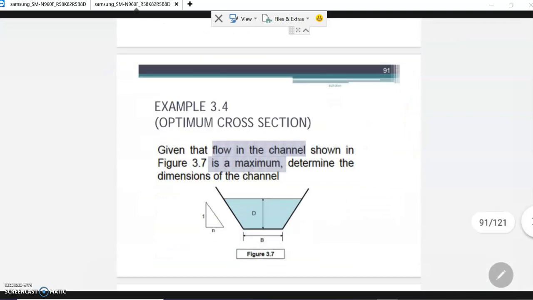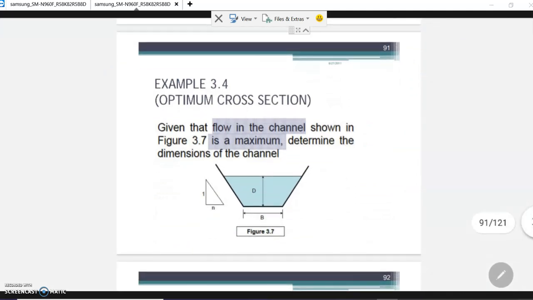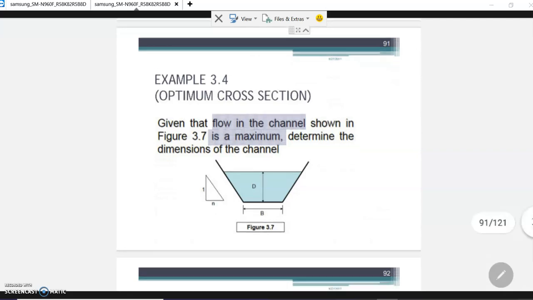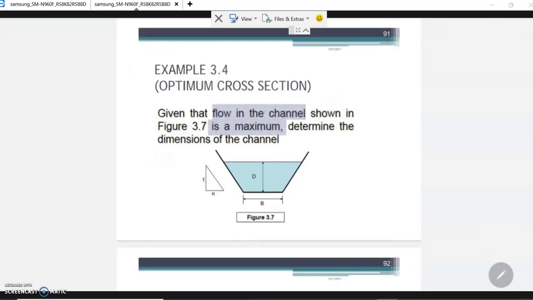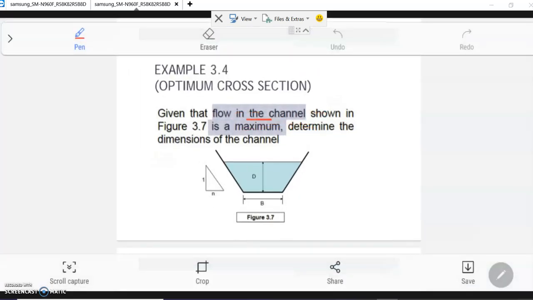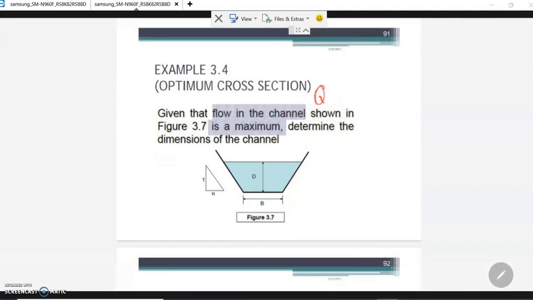So let's look at this figure. Example 3.4. We need to determine the optimum cross section. Given that the flow in the channel shown in figure 3.7 is a maximum, this question says that Q is maximum.